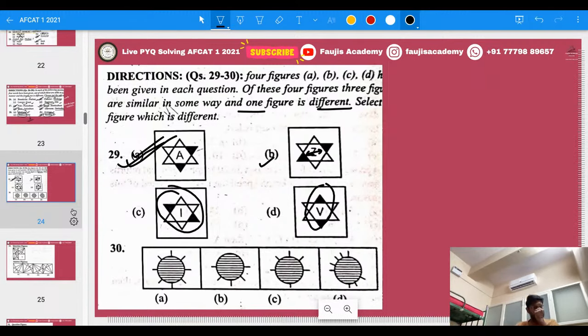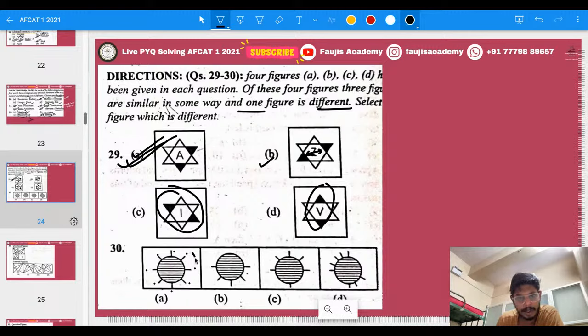Question number 30. Give me the answer quickly, guys. Quick. How many spokes are there? One, two, three, 4, 5, 6, 7, 8. 29th A, yes.